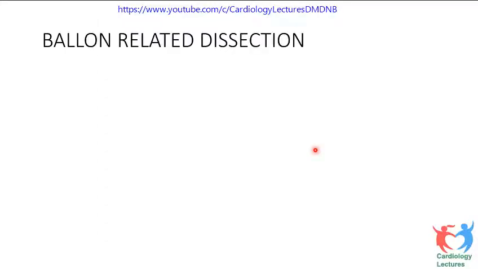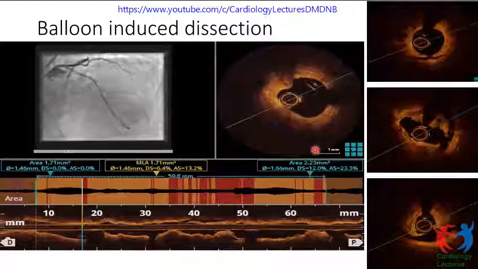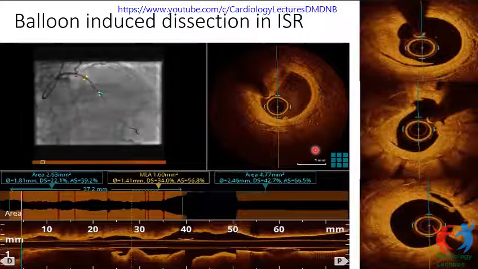One of the certain things we should remember is, especially when you are treating ISR, balloon dilatation creates different types of dissection in the ISR segment. And especially if you are using a drug-eluting balloon, producing this type of dissection voluntarily is very, very useful.